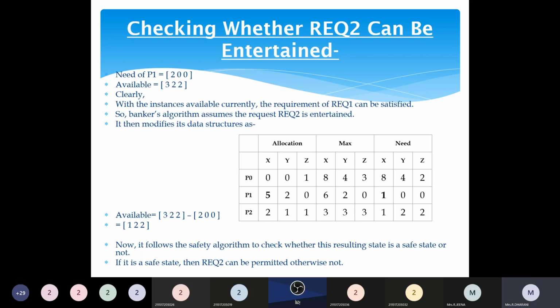So now it follows the safety algorithm to check whether this resulting state is a safe state or not. If it is a safe state, then request 2 can be permitted, otherwise not.